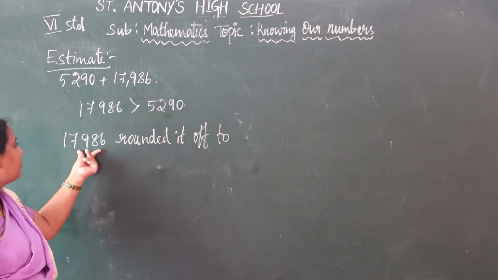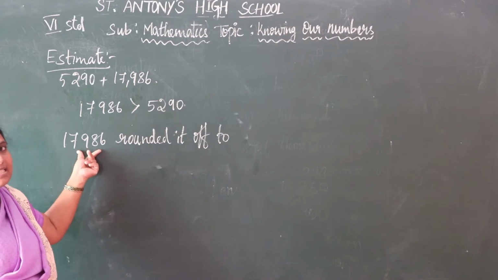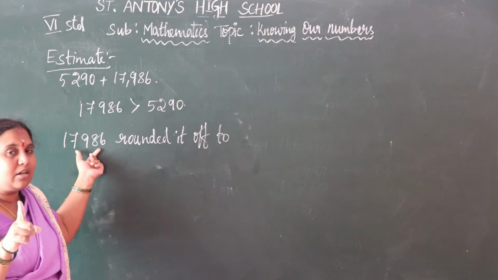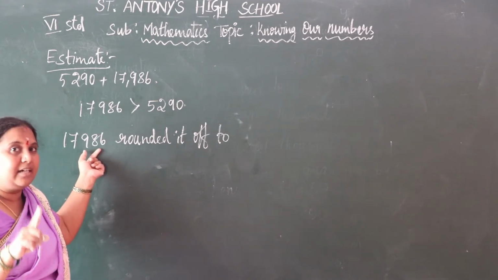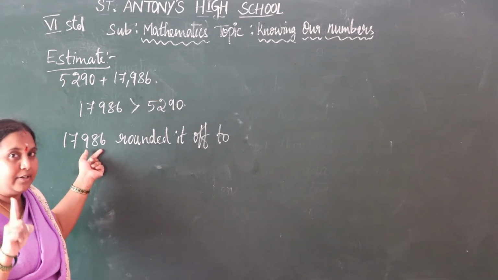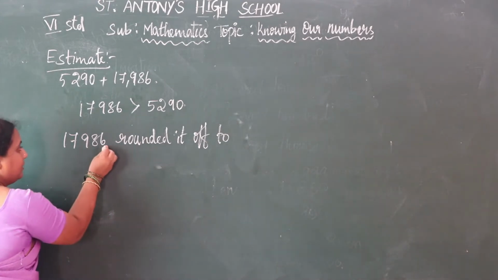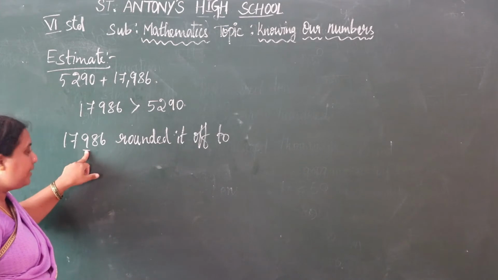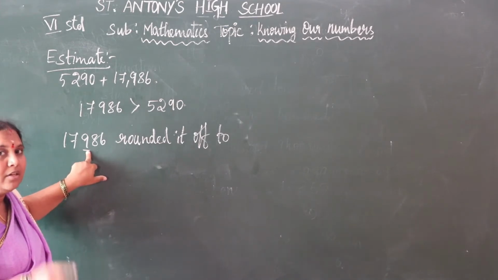Nearest thousands means we should consider the number in the hundreds place. Keep it in your mind. See, ones, tens, hundreds. In the hundreds place we have 9.